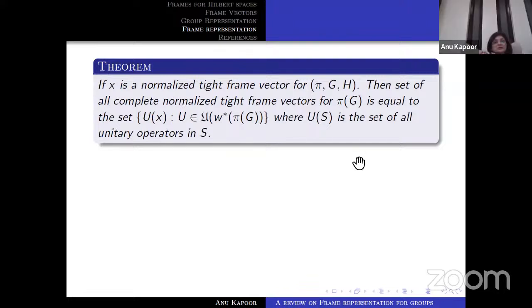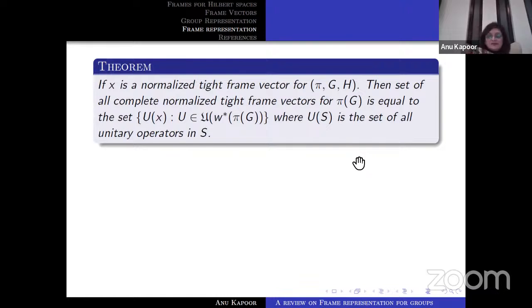The final result lets us know the whole set of all complete normalized tight frame vectors for the representation pi. It is equal to UX, where U is a unitary operator in the von Neumann algebra generated by pi G. And so in this way, I think group representations are important, which gives us an insight into tight frame vectors.